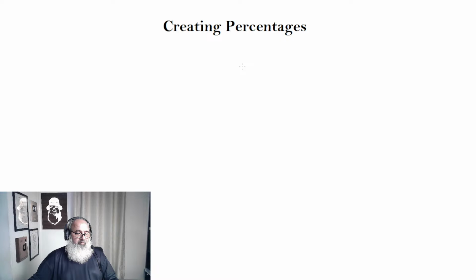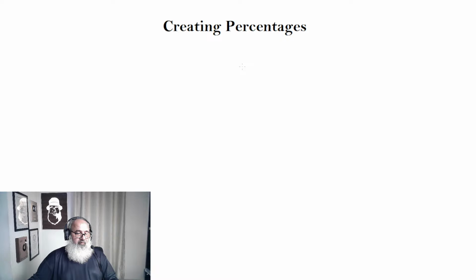So let's say we have 15 over 100, and this is the fraction. We want to convert it to percentage. As we know, if the denominator is 100, it's already a percentage. This 15 will give us the value of the percentage, that is 15%. So this is our answer.